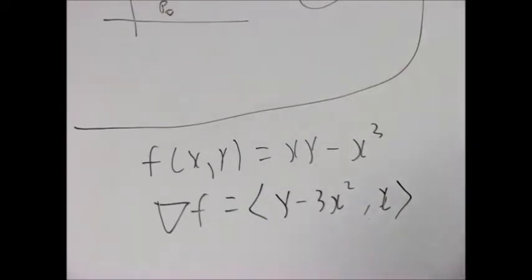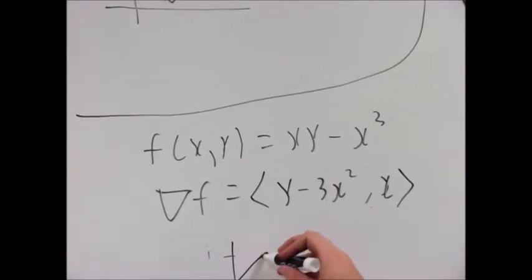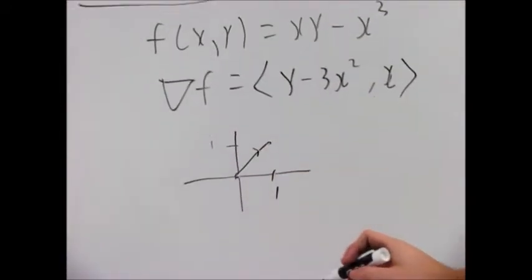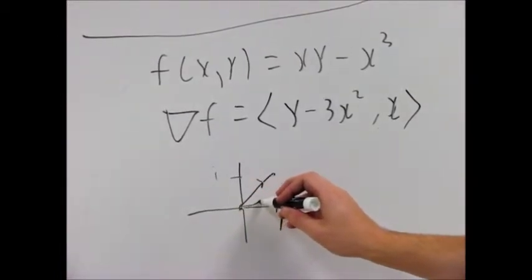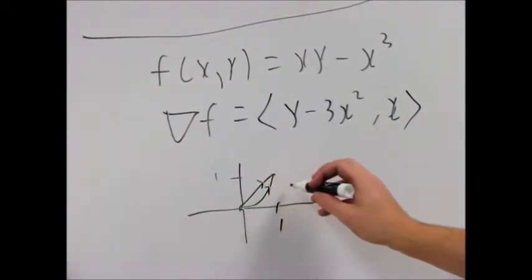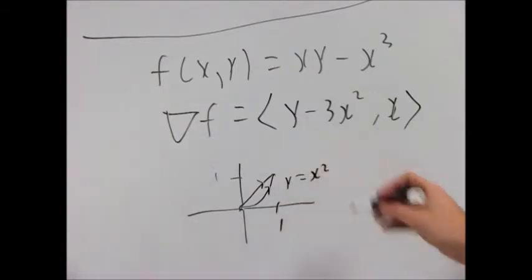So let's say we want to integrate from this point 0, 0 to the point 1, 1. We can go in a straight line, or we can go various other ways. We can go like this, a parabola, where we have y equals x squared, for example.